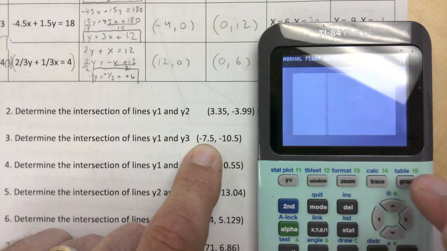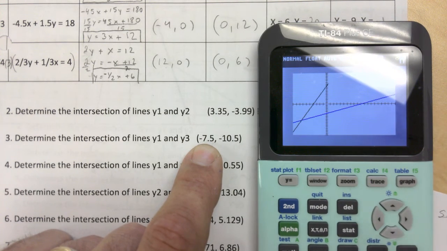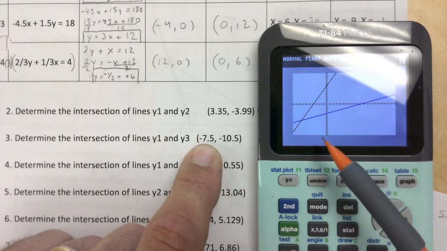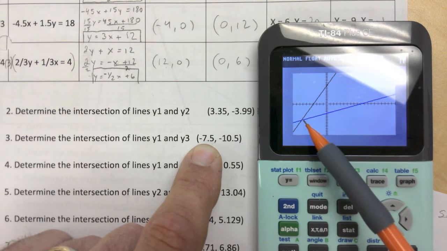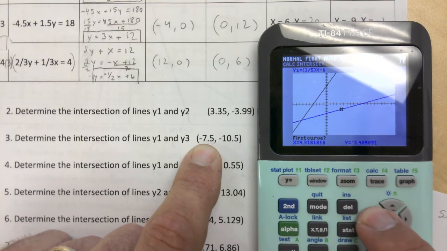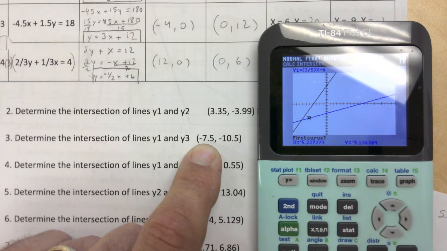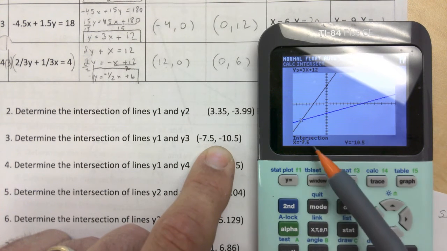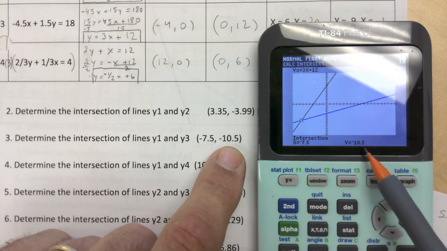And you hit graph. Now it's going to graph it all again. And we're now looking at that intersection there. So second trace 5. Let's go closer. And it's important that you learn to do this. Get closer to the intersection you're after, and you will see why later. Okay, so there's the intersection, negative 7.5 and negative 10.5.